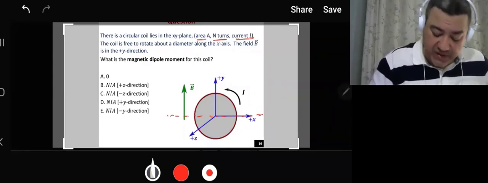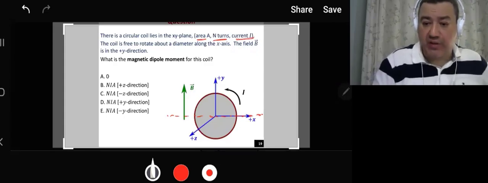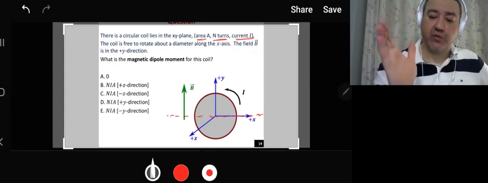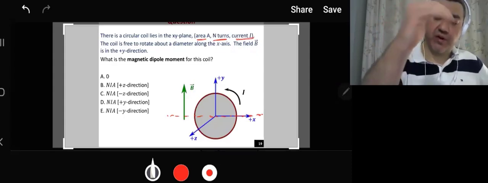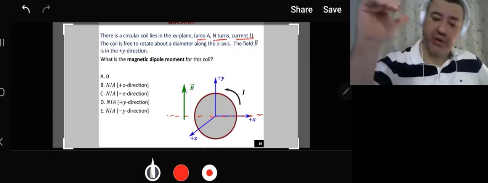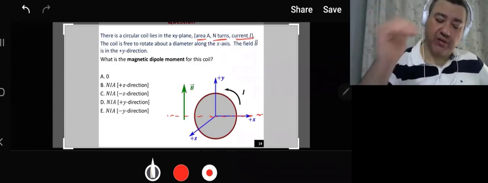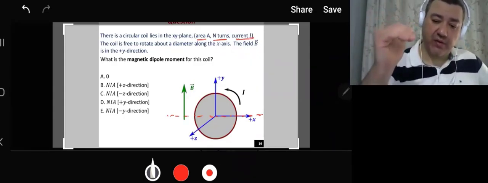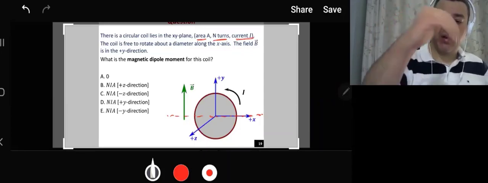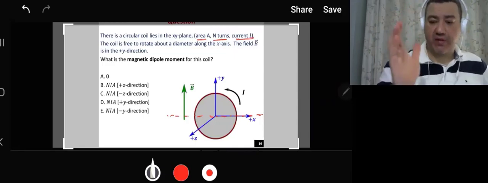Very simple. You just look at how the current is moving and curl your fingers in the direction of the current. Then the thumb will give you the direction of the magnetic dipole moment. In this case, I have the current going this way.